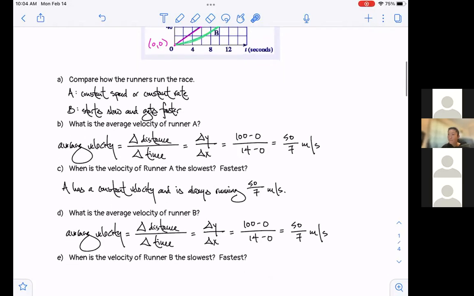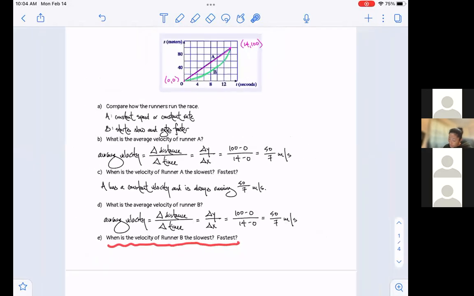But sometimes it's not just where you start and where you stop, right? But rather what happens in between. And so question E, when is the velocity of runner B the slowest and when is it the fastest? Let's see if I can get that all on one screen.